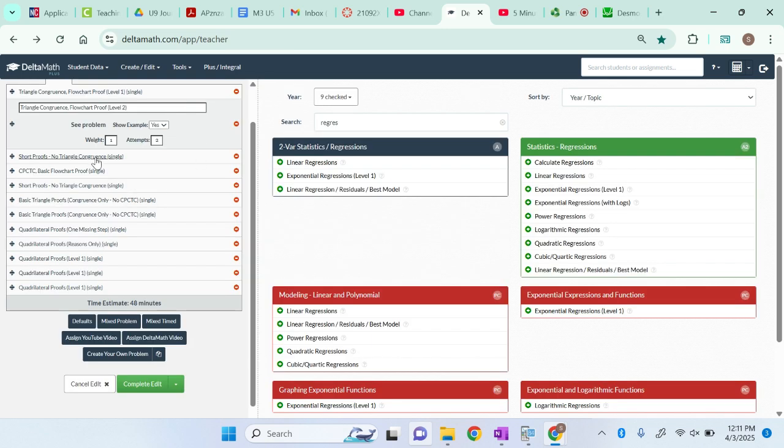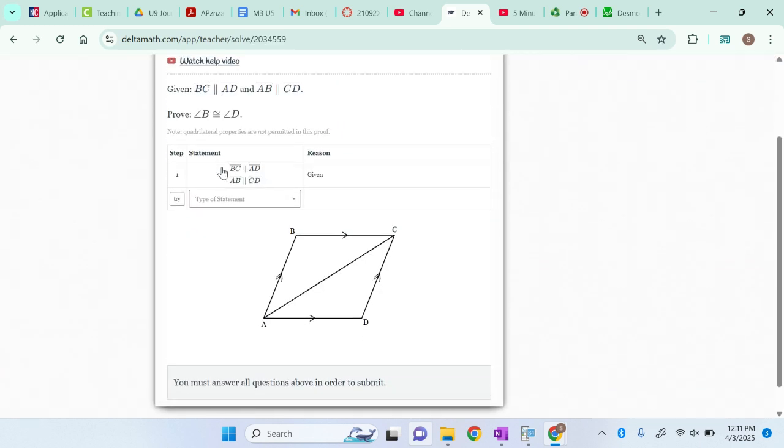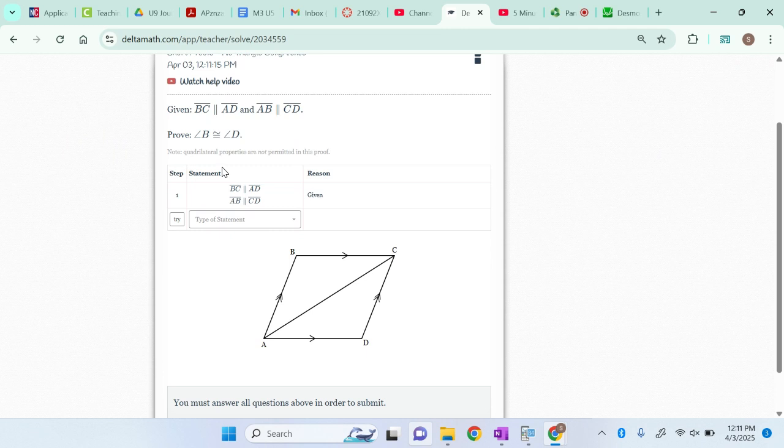Now let's look at a short proof where they actually don't give us a triangle congruence. So this one actually has some quadrilaterals in it. So this one, we actually got to do some logic here.